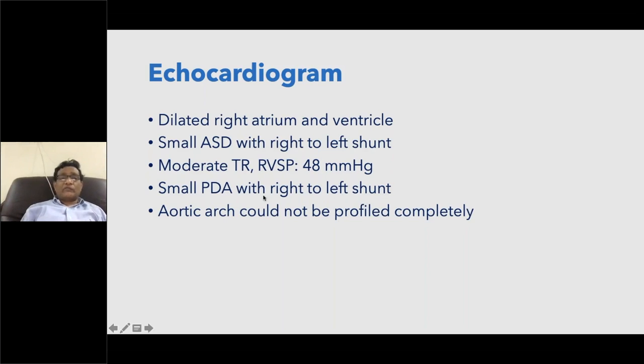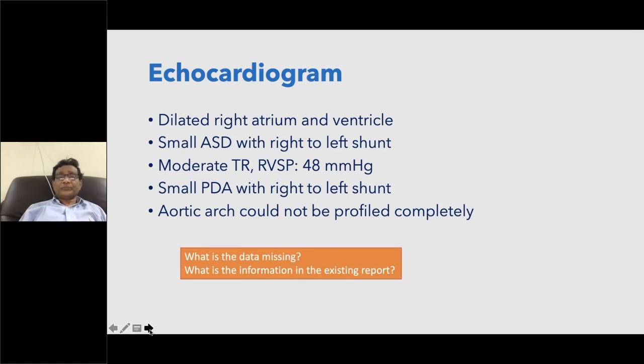Any echocardiogram giving you information of right to left shunt across the PDA, irrespective of the small size of the PDA, suggests suprasystemic pulmonary artery pressure. Don't believe your RVSP, because the right ventricle may be dysfunctional. That's why you don't see the real RVSP, that is, right ventricular systolic pressure.